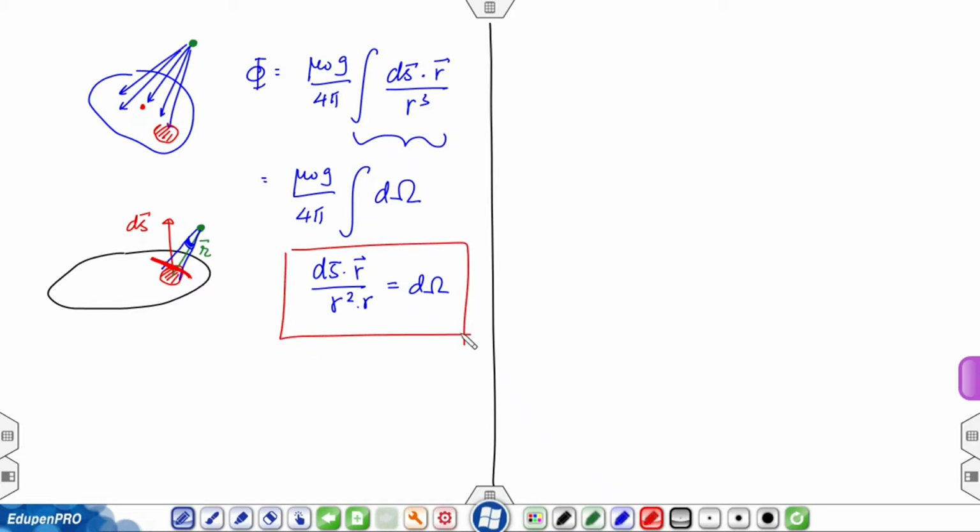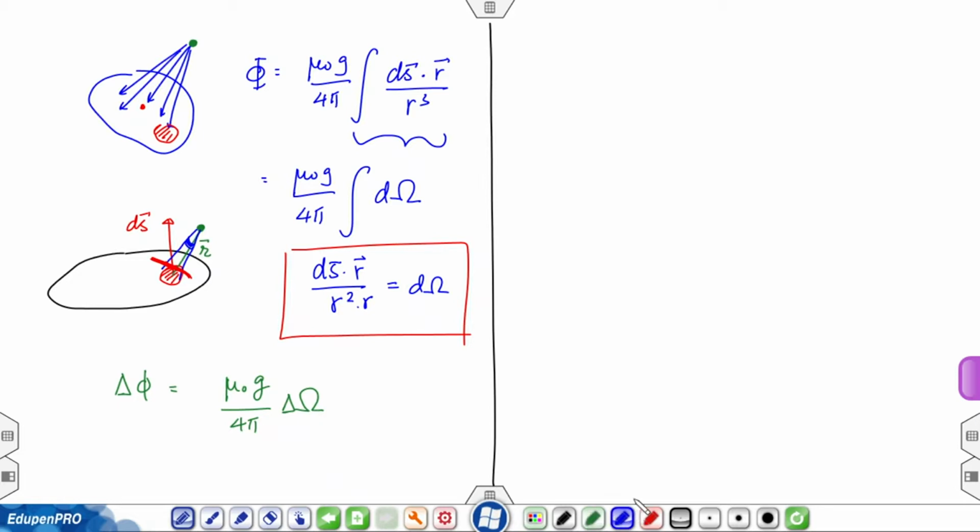So, all I need to do is calculate this change in omega, right. So, delta phi is going to be equal to mu 0 g over 4 pi delta omega, the solid angle change, and that is what I need to calculate. So, let us see what is happening.